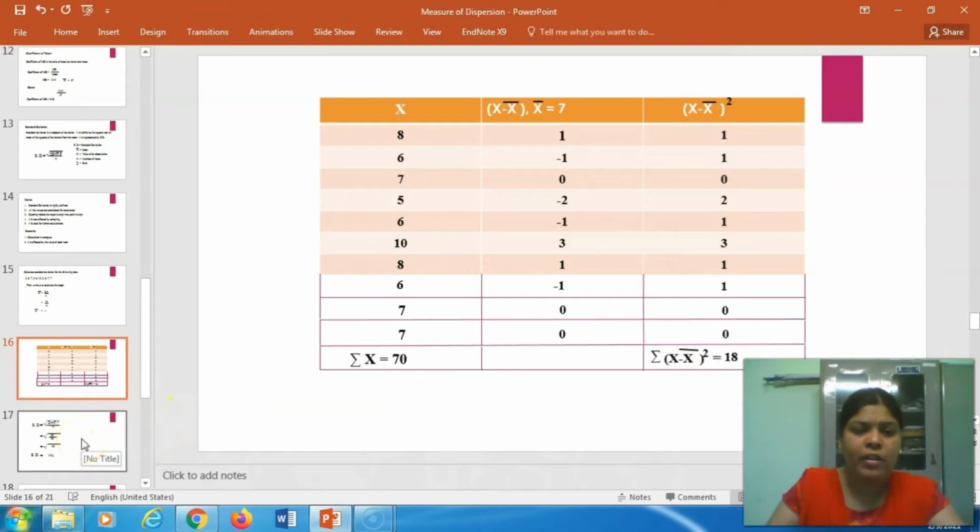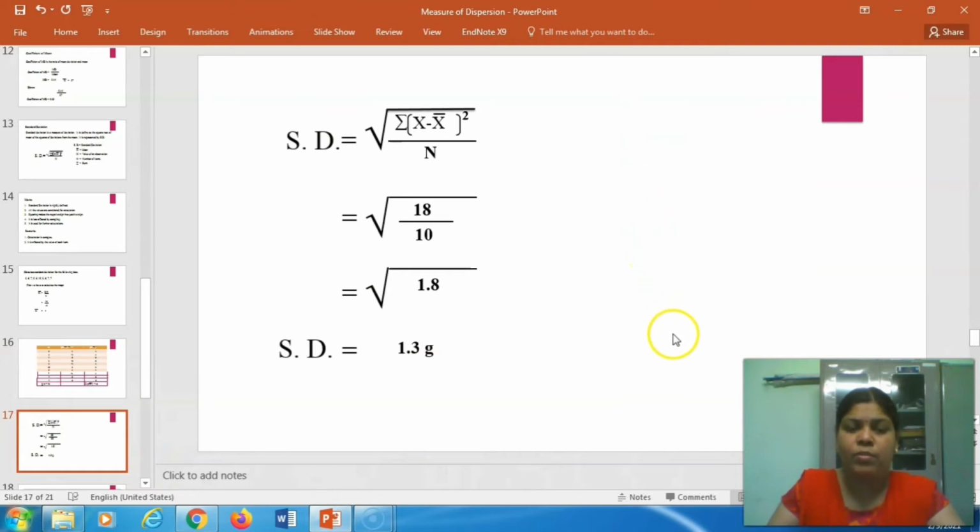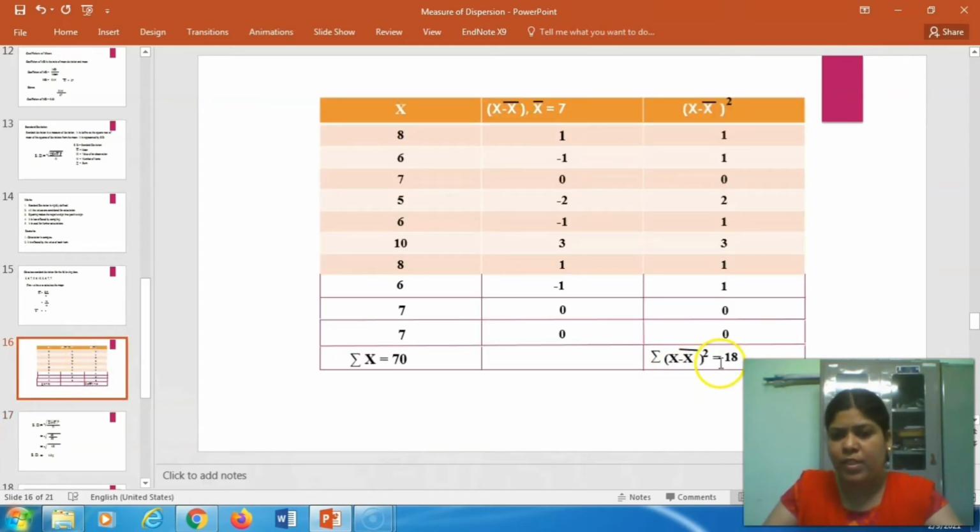So we are ready to put all the values in the formula. As we know, the formula is standard deviation is equal to the square root of summation of (x minus x bar) squared divided by n. So what is our summation of (x minus x bar) squared? We have got 18.